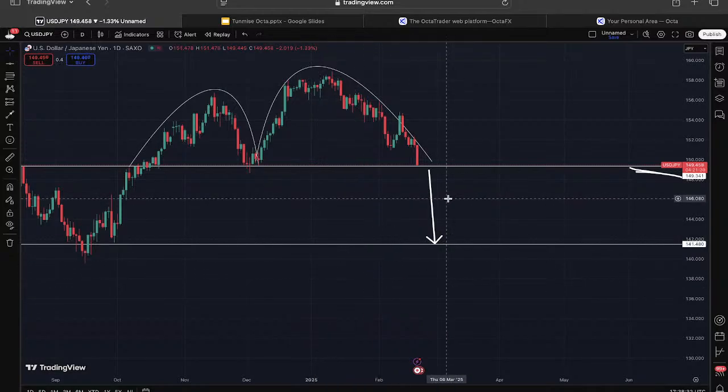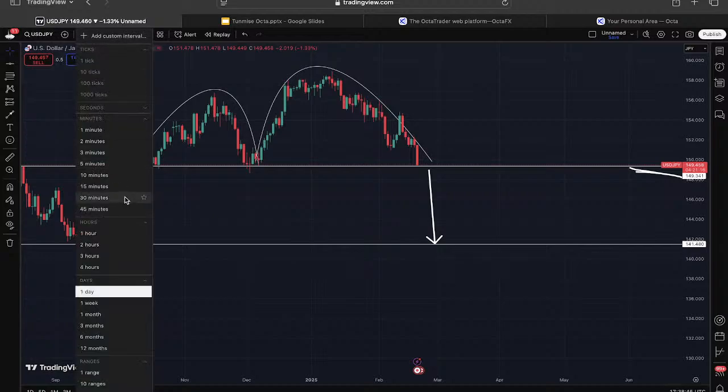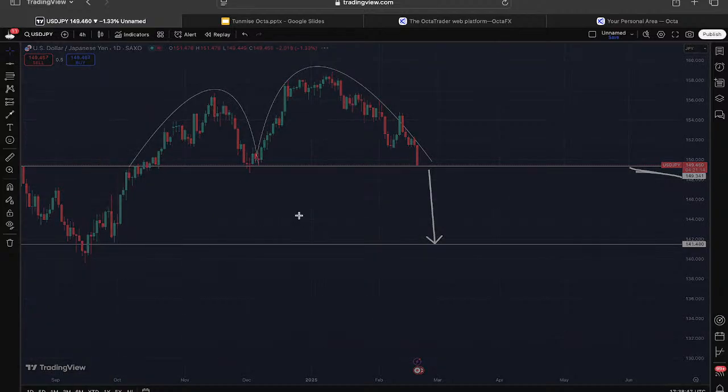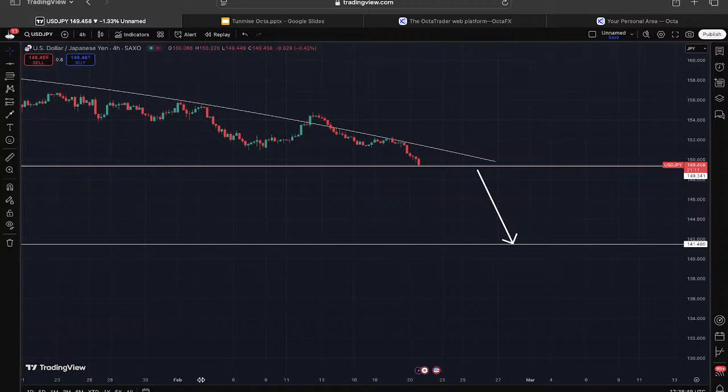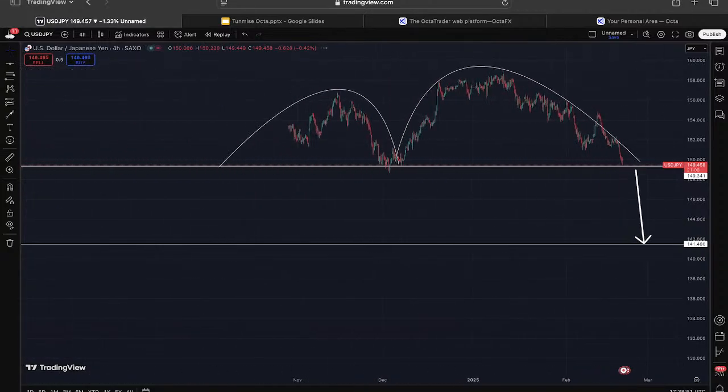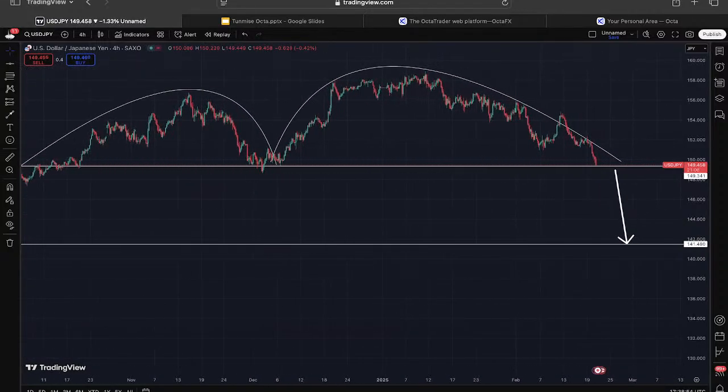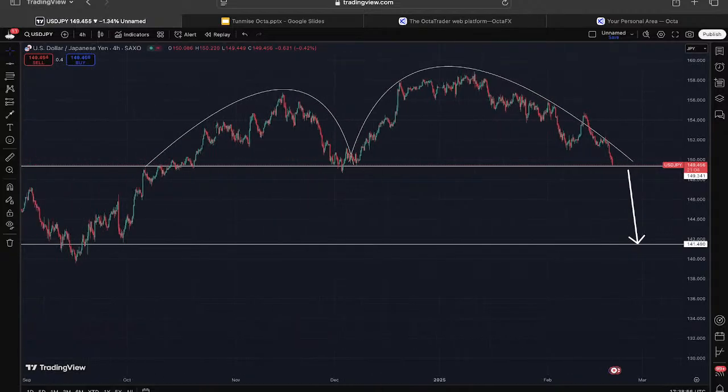Any question? So on USDJPY, we are selling, because we trade what we see and not what we feel.